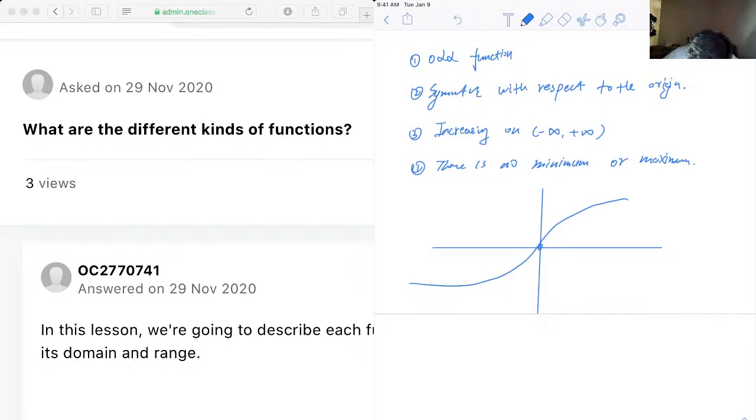Oops, this is (0, 0), x and y. The reason why there's no minimum or maximum is that when you look at the end of our left-hand side and the end of our right-hand side, it goes all the way to infinity. So that's why we don't have a minimum or maximum.